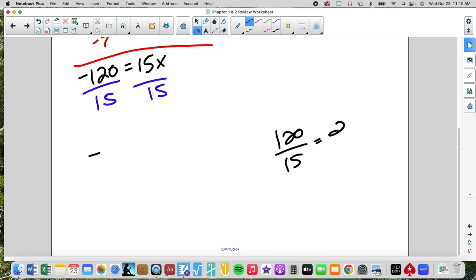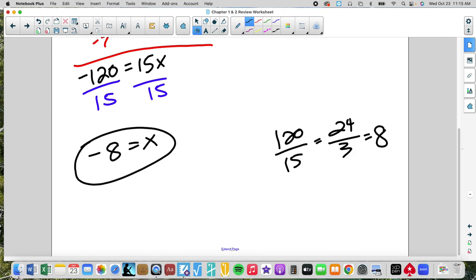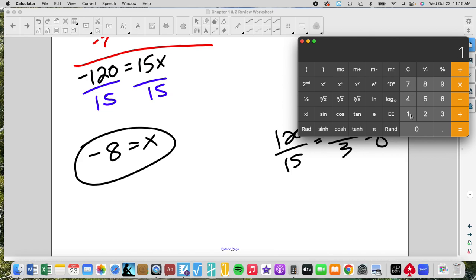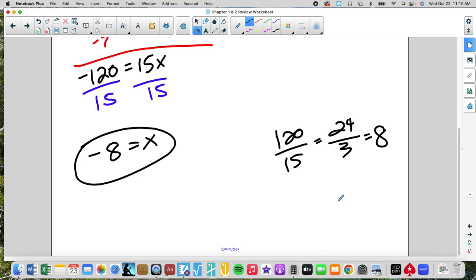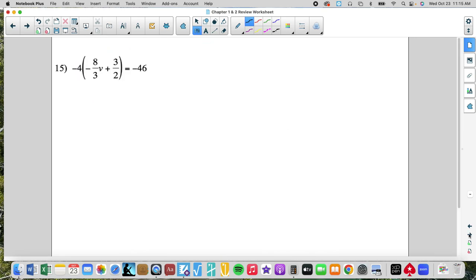So 5 goes into 24, and 5 goes into that 3 times, and now I see it's 8. So negative 8 equals x. So I maybe didn't see the 15. And we can check with a calculator. 120 divided by 15 gives you 8. Yeah, but I can do it without a calculator because I just worked with things that were comfortable.